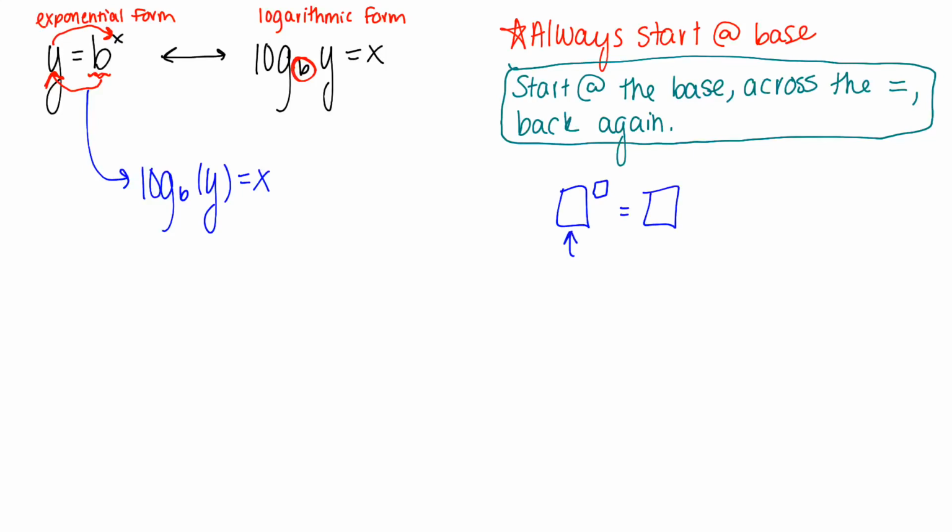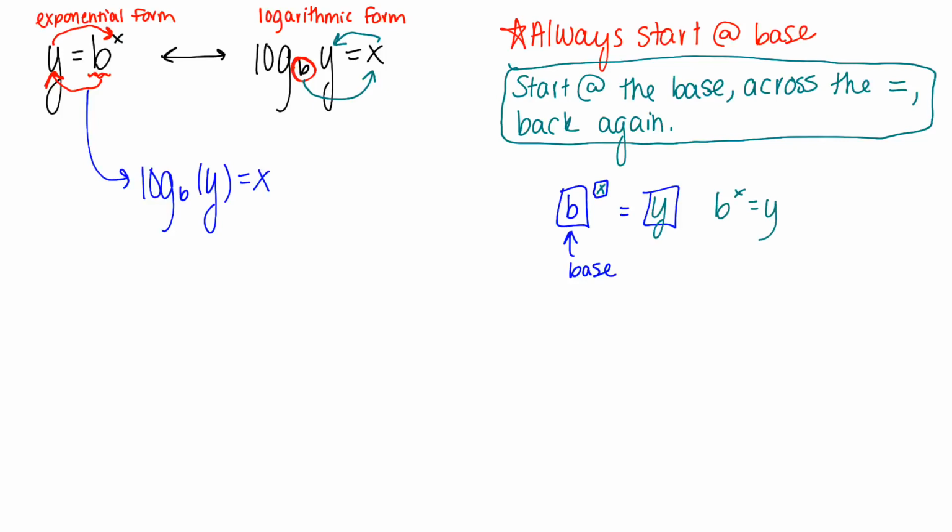And we know that this guy right here is the base. So when I start at the base here, I know that that's what number goes here. So start at the base. Across the equals. So that goes here, x goes here, and then back again. So you get b to the x equals y.